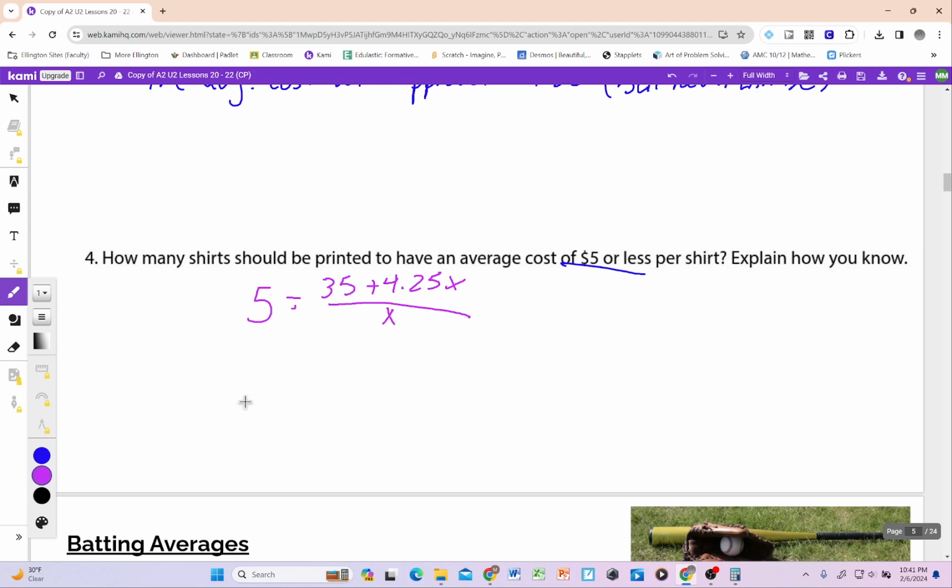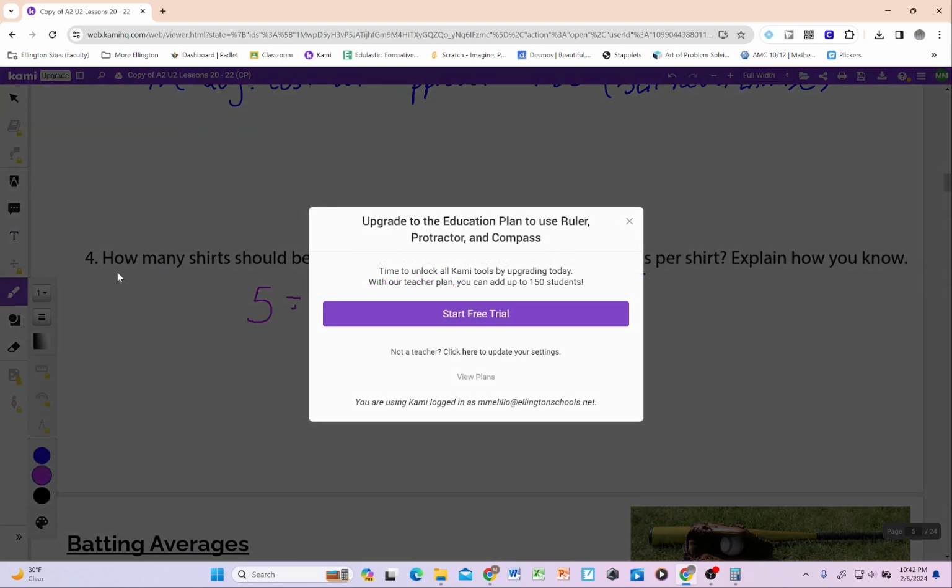But here we can't. So instead, we have to do opposite operations. So how do you get rid of dividing by x? We multiply by x.